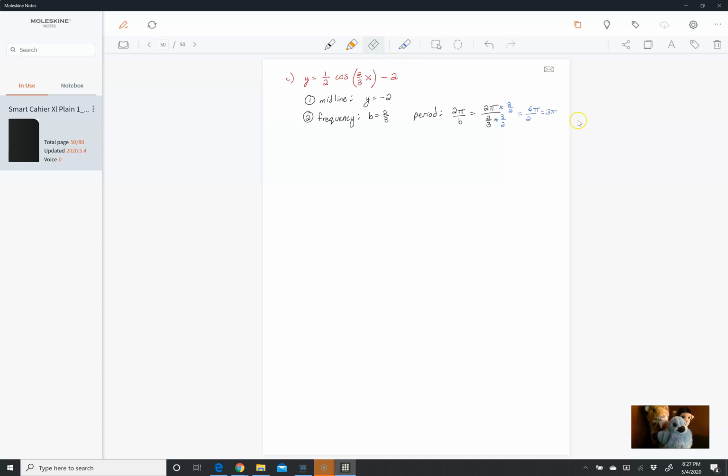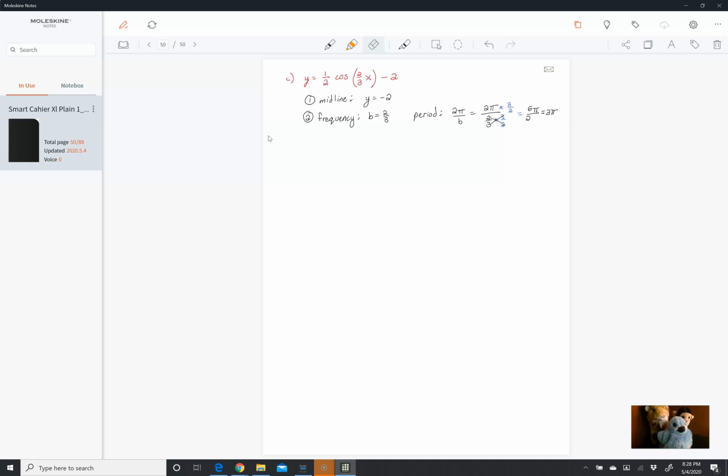That would be the same as taking 2 pi and multiplying by 3/2. Right? These cancel. This gives us 6 pi over 2. If we take 2 pi and we multiply by 3/2, we get 3 pi. Okay, so that's our period. If you notice, what we use to do our graph is the period. We don't use the frequency at all, okay?